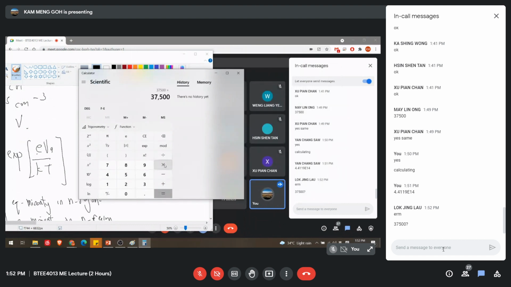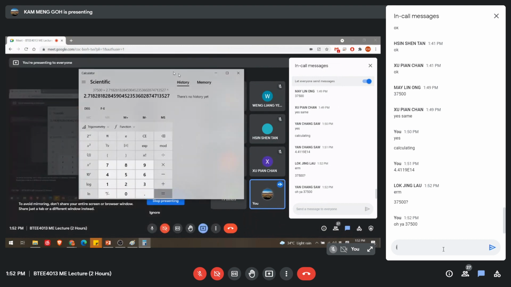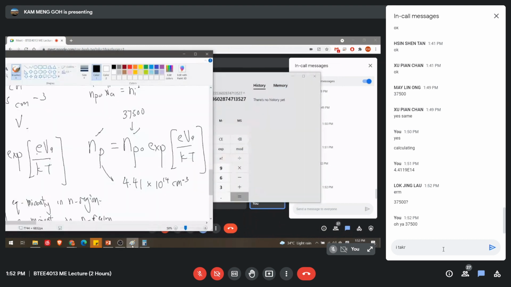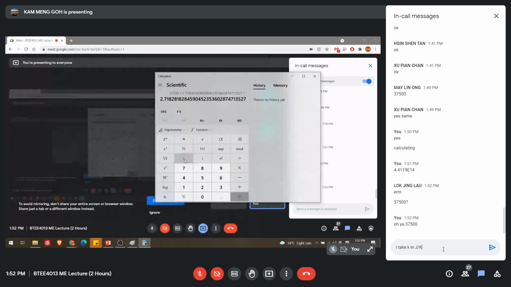37500 multiplied by e to the power of, something wrong, right? You see something wrong there. VA is 0.6 divided by 0.0259.